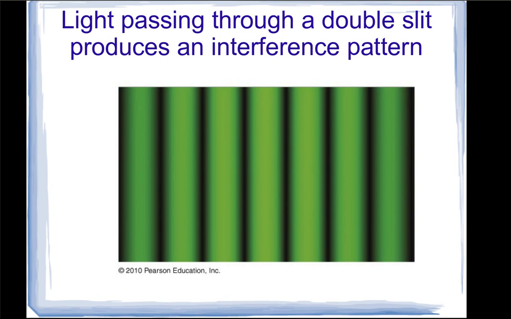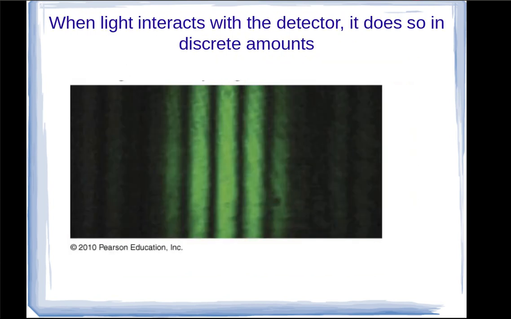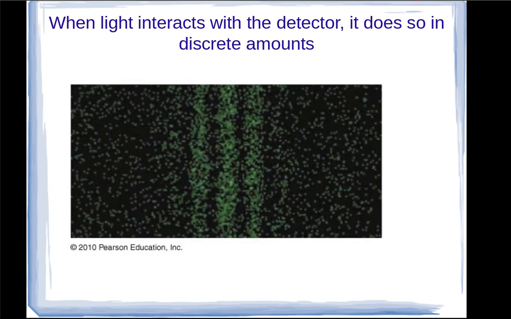However, this next part isn't possible for us to do in lab, but it is possible to do with very, very sensitive detectors in very, very dark rooms. If you decrease the amount of light that is going through the double slit, the pattern gets dimmer and dimmer, and if you are very careful about it, we observe that the dimness has a weird character when we get to very, very low light levels.